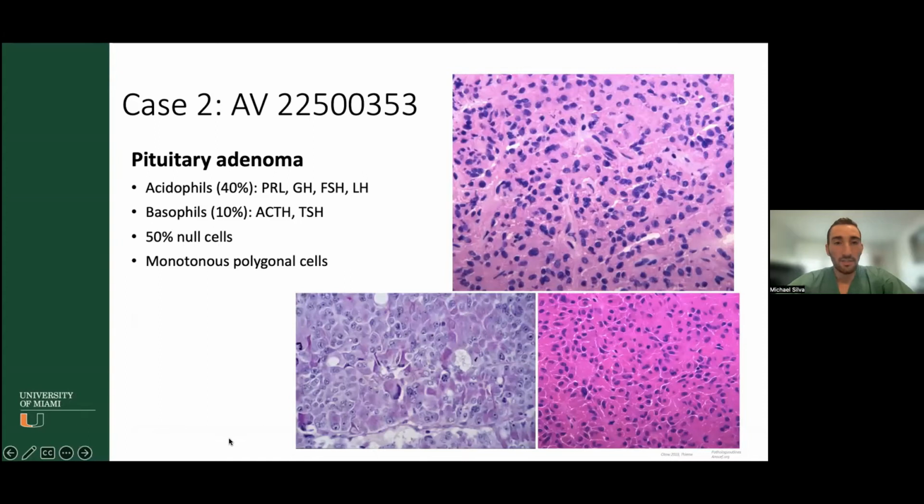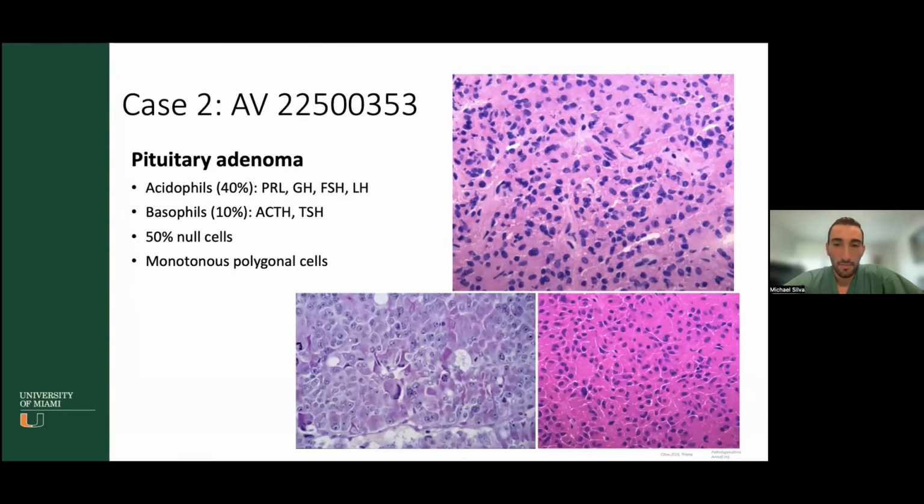And then to discuss adenomas in addition, there can be acidophils, which are the prolactinomas, growth hormone secreting tumors, FSH and LH tumors, and then the basophilic tumors, ACTH and TSH tumors. But about 50% are null, just like in this case. The typical appearance is monotonous polygonal cells, and Dr. Goltikin explained the pathology very well.